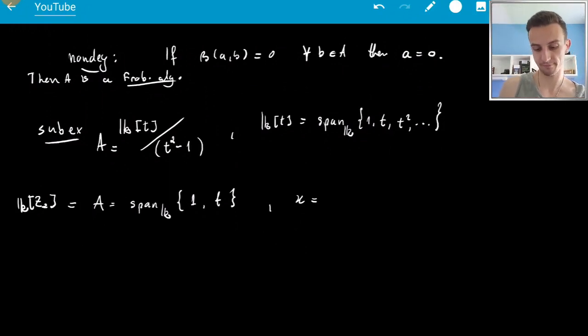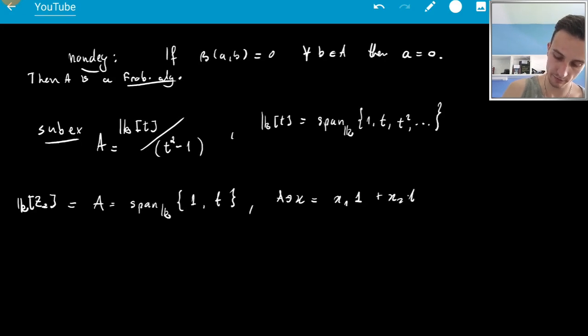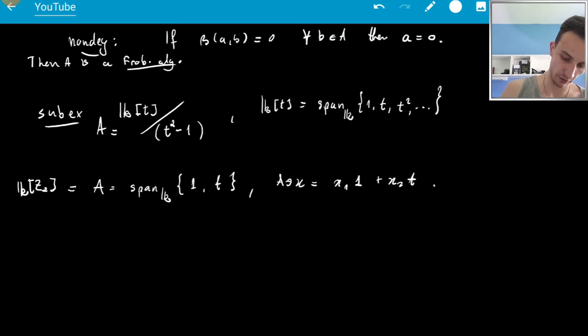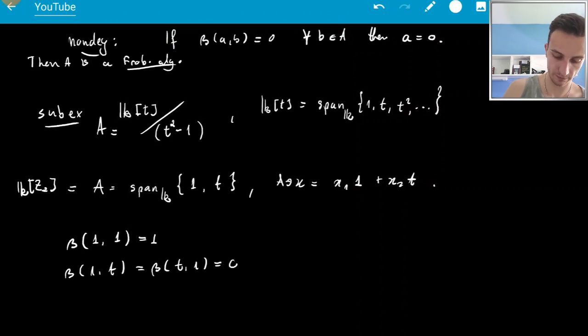And some element x in A would then be written as x1 times 1, we can suppress this one, plus x2 t. And that's it. So a choice of pairing would be, for example, b of 1,1 equals 1, b of 1,t equals b of t,1 equals 0, and b of t,t equals 1, right?